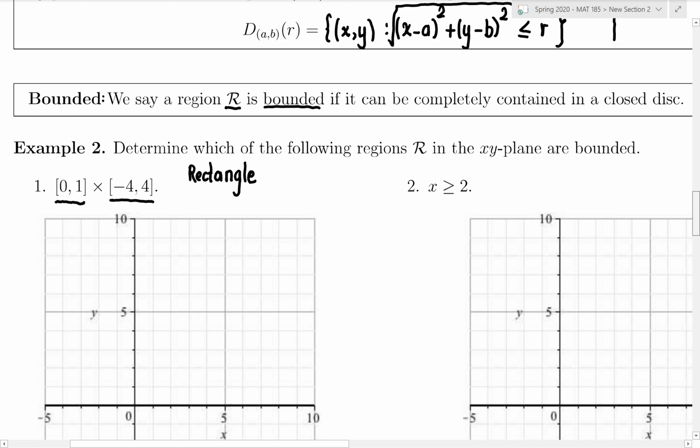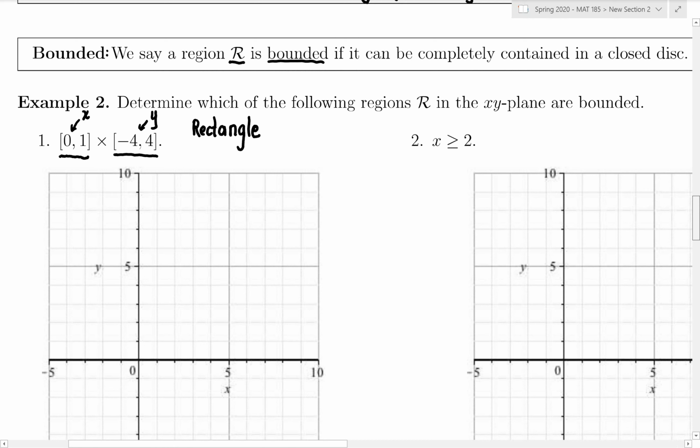When I say this, what I mean is we're looking at all coordinates (x, y) where x lives in the interval [0, 1], and y lives in the interval [negative 4, 4]. The boundary points are included in this case. So when I write [0, 1] cross [negative 4, 4], we're referring to a rectangle whose x values are between 0 and 1, endpoints included, and whose y values are between negative 4 and 4, endpoints included again.